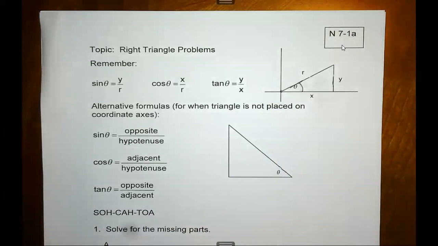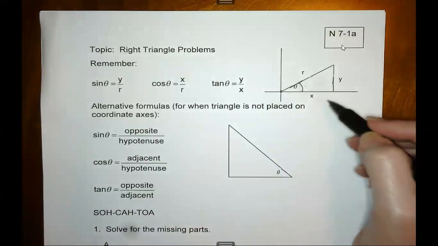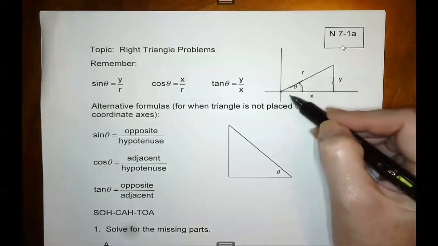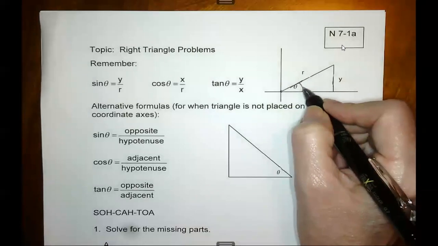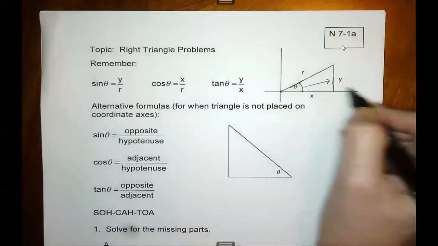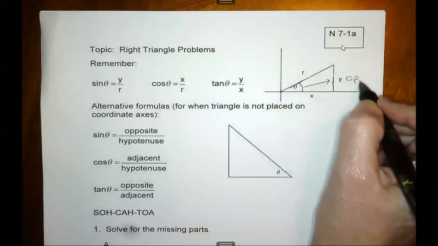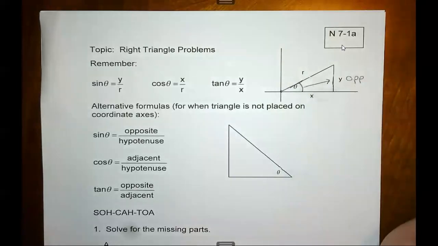But when we look at this triangle, if we're talking about where these letters fall in relationship to the angle, then when I look straight across from the angle, I have y. So across from the angle, or opposite the angle, is y.